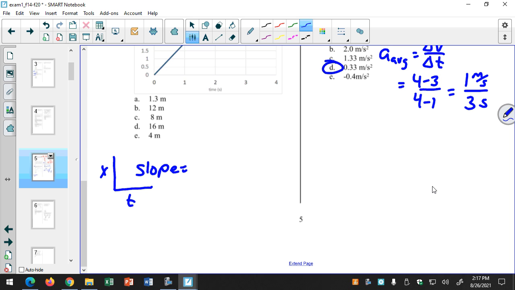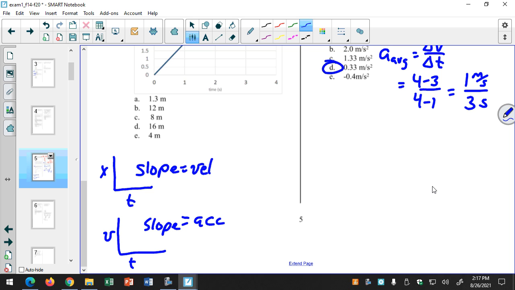No, it's position divided by time. That's going to be like meters over seconds. What is that? Right, that's velocity. So the slope represents the velocity. If I have a v versus t, this is why you said acceleration, because the slope of this is what we've been doing, right? This is equivalent to our acceleration.